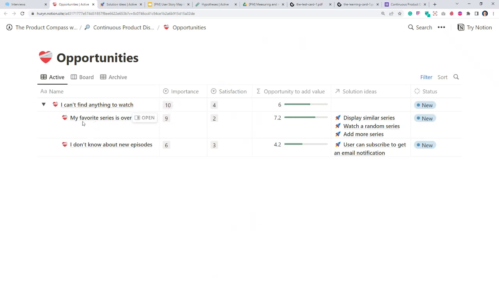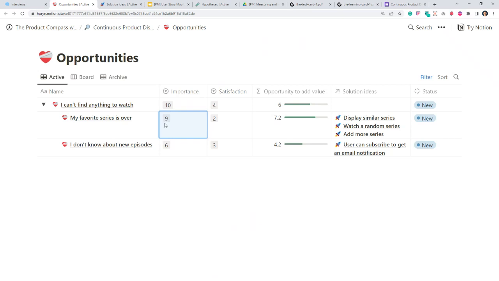So for example, for finding my favorite series, the average importance for the customers in some customer segment might be 9. And so this is an extremely important opportunity, an extremely important problem for the customers. And at the same time, they are extremely not satisfied with the current solution.